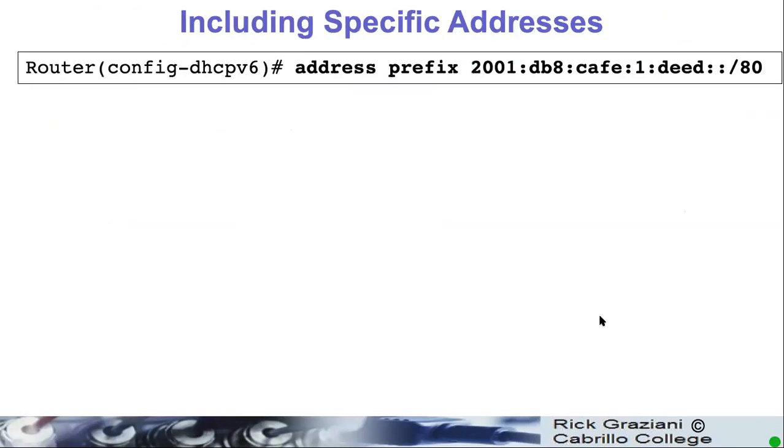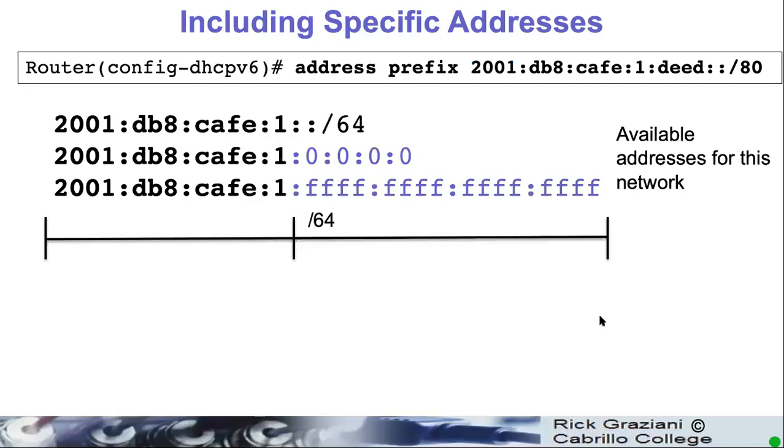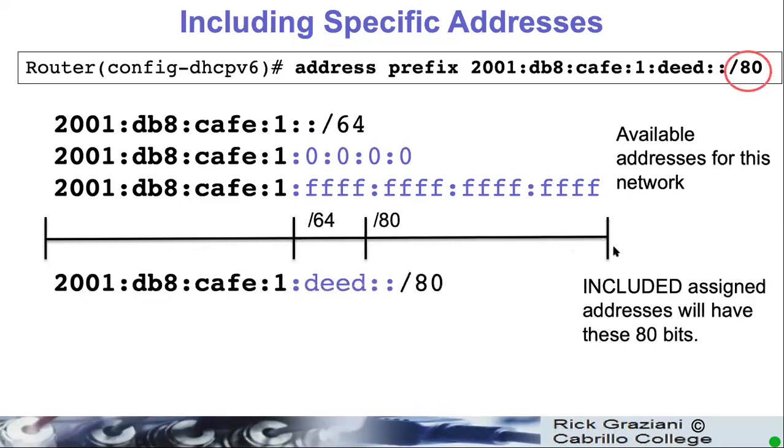There's no real danger in that, except with a /64, you're allocating anything from all zeros to all ones in the host portion. It is possible that if we configure static addresses on servers and routers and things like that, there could be a conflict. But very doubtful with 18 quintillion possibilities.